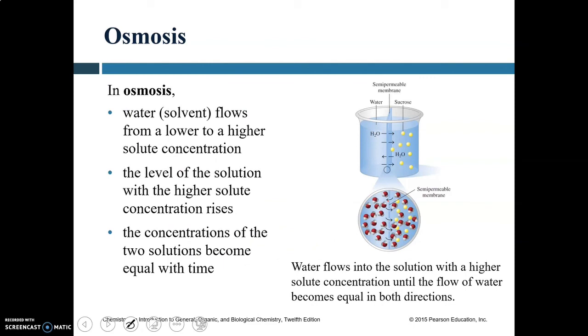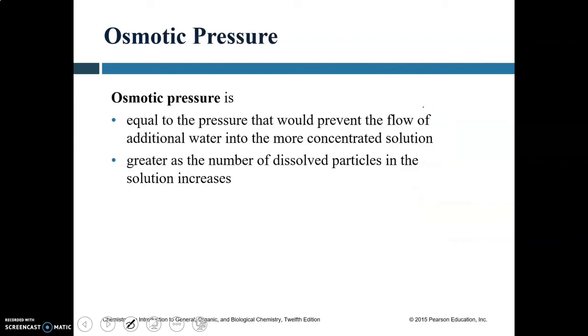In osmosis, water, or solvent, flows from a lower to a higher concentration of a solute. So the level of the solution with the higher concentration of solute starts to rise, and eventually the concentrations of the two solutions become equal with time.